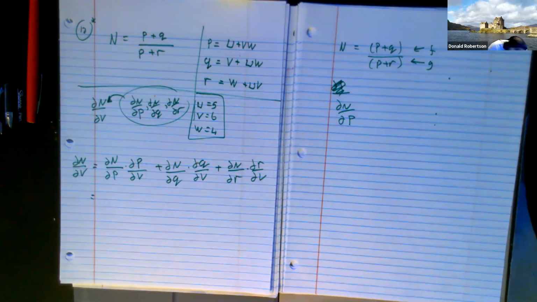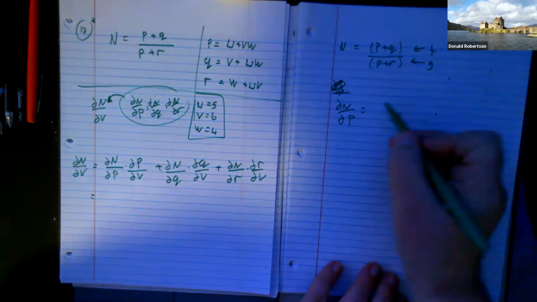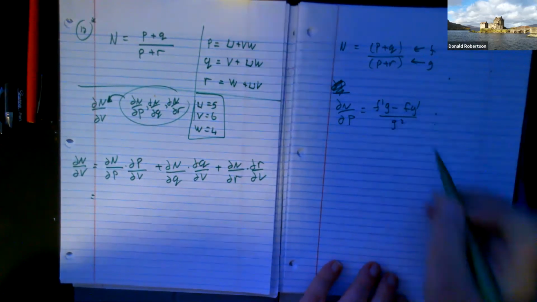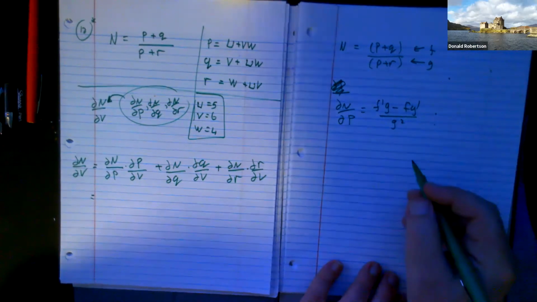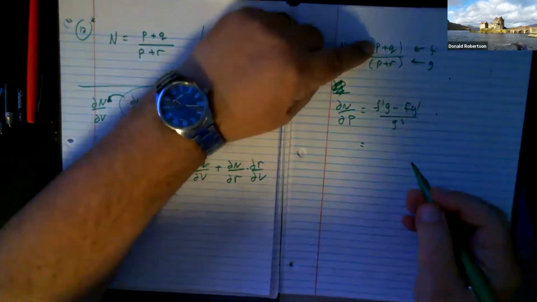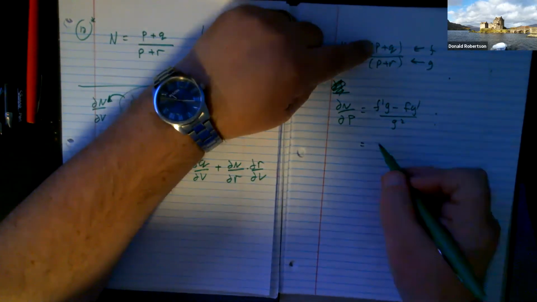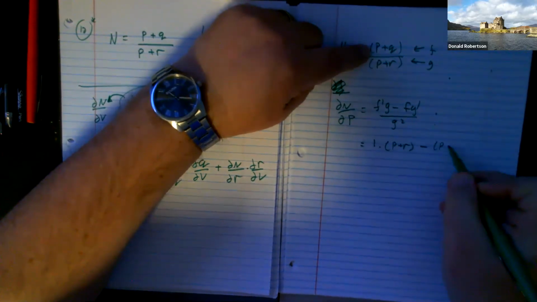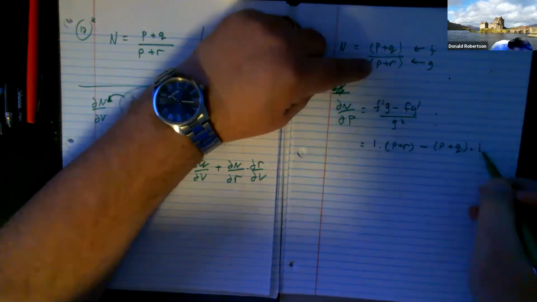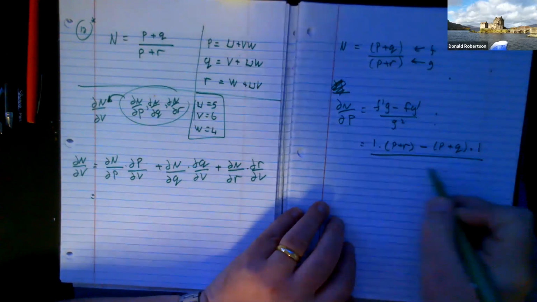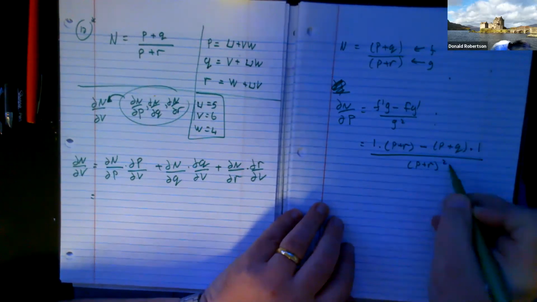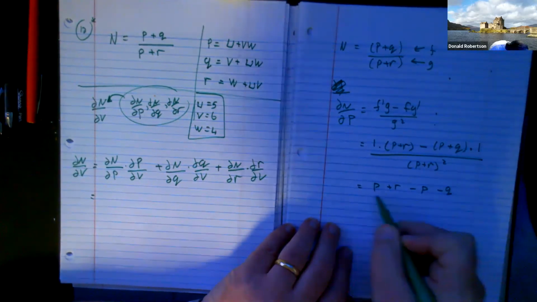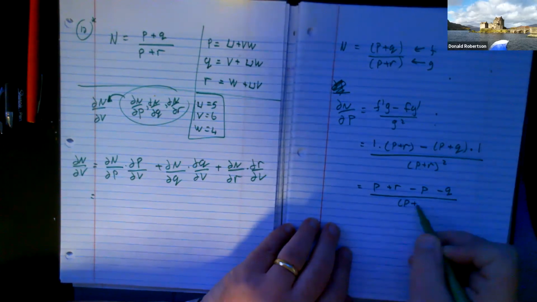Now, I'm not going to dwell too much on this, but it's f dash g take away fg dashed over g squared, which is fine. All we have to do is remember p is the only variable in town right now, so that's 1. Leave the bottom alone. Take away, leave the top alone, and differentiate the bottom, which also is 1. And the bottom gets you that guy squared. So that's p plus r, take away a p, take away a q, all over p plus r squared.